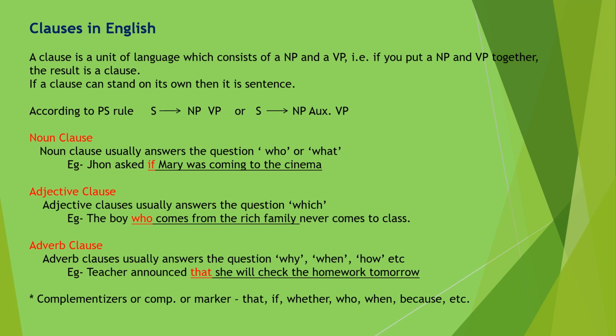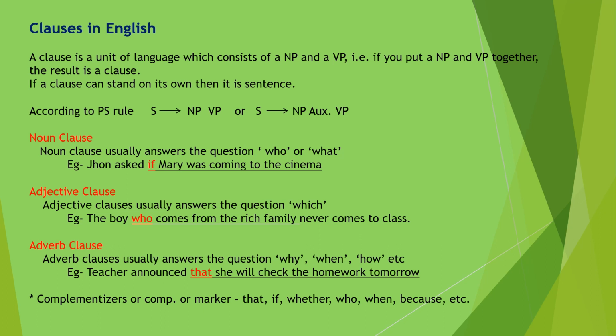An adjective clause answers the question which. If I ask which boy never comes to the class, you can tell, the boy who comes from the rich family. So this is an adjective clause. An adverb clause generally answers the questions why, when, and how.